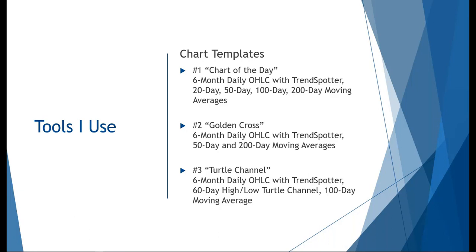They call it the golden cross because those people that want to buy a stock and hold it for a long time and take out all the little noise that's happening on a day-to-day basis use the golden cross, because when the 50-day moving average is above the 200-day moving average, they tend to buy. And when the 50-day moving average goes below the 200-day moving average, they either sell or sell short.